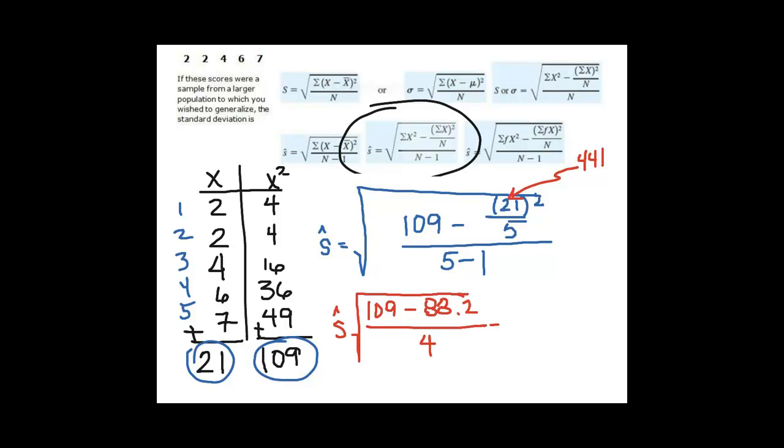Divide that difference by n minus 1, which is 5 minus 1, or 4, and you end up plugging it into your calculator as s hat equals the square root of 5.2. So type 5.2 and hit the square root button in your calculator, and you get s hat for this set of data equal to 2.28.